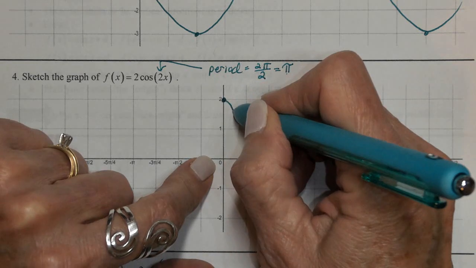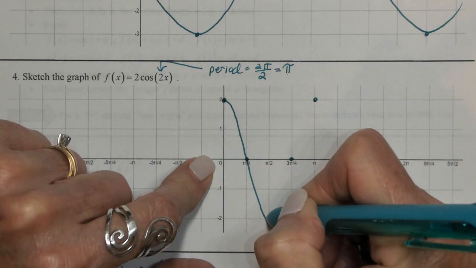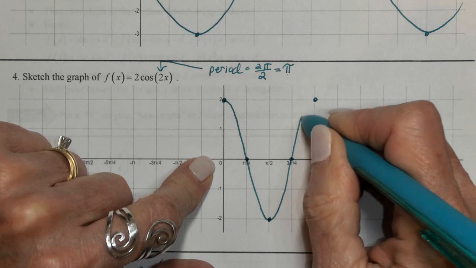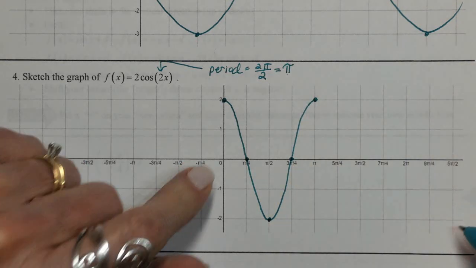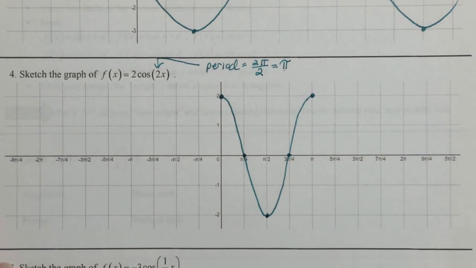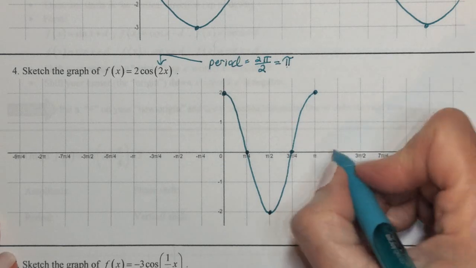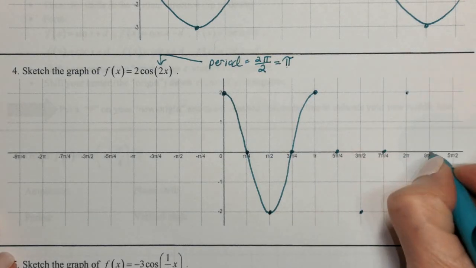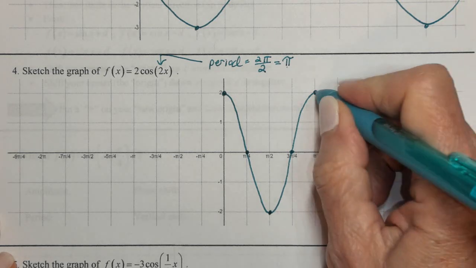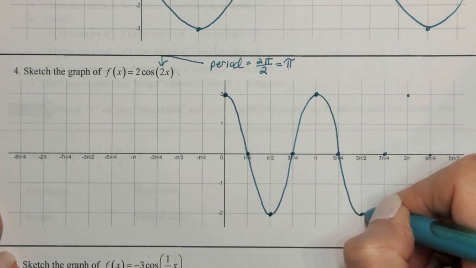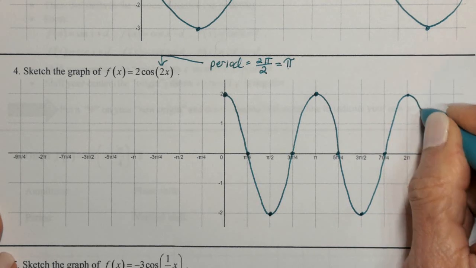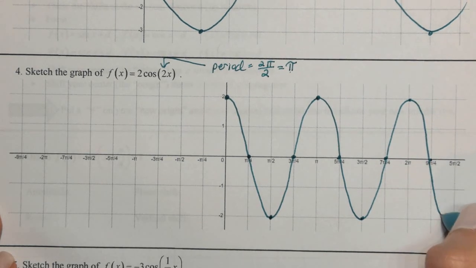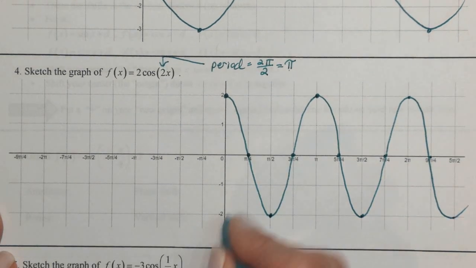So 1 period looks like this here. And now I just have to continue that pattern on the right and the left.